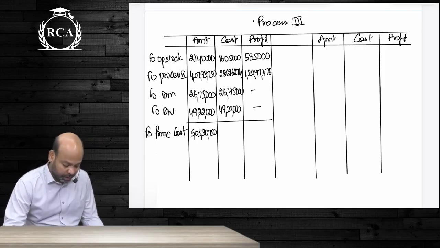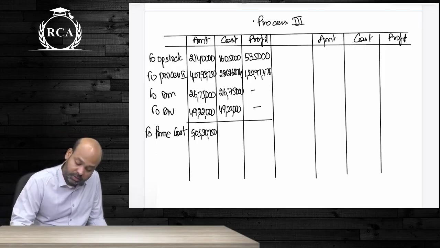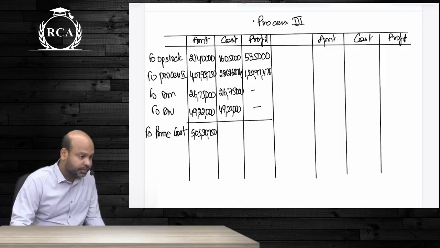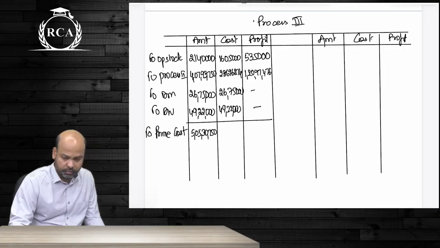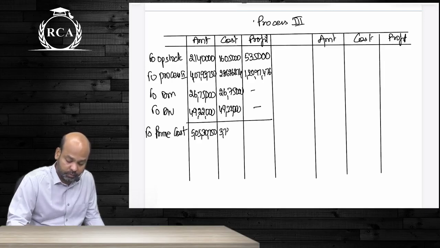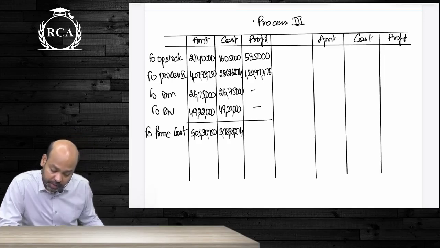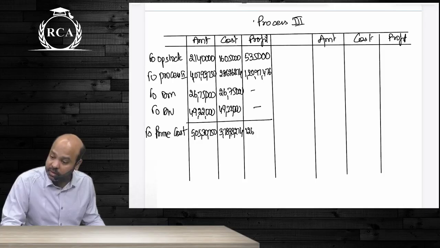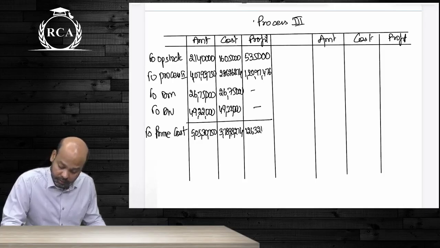The profit markup included in that beta is, तो कौन सा वाला कॉस्ट बोल रहा? 3 crores 270 and the total profit beta is 1 crore 26 lakhs 476.